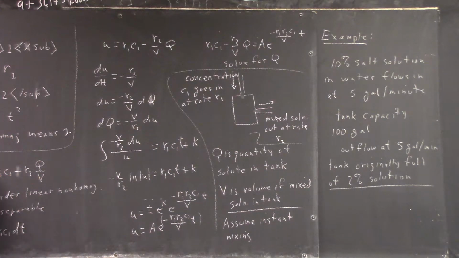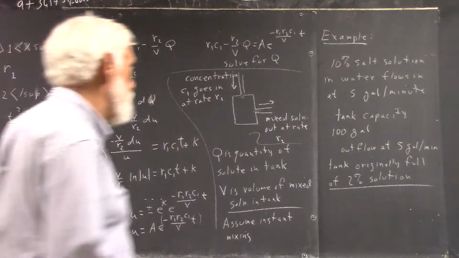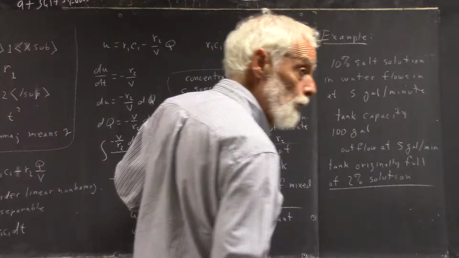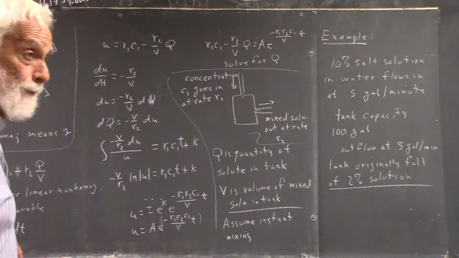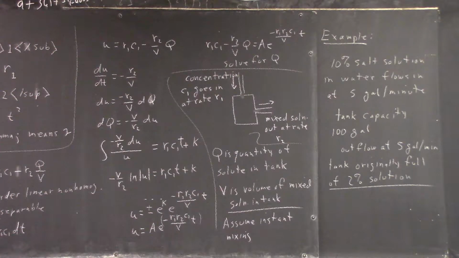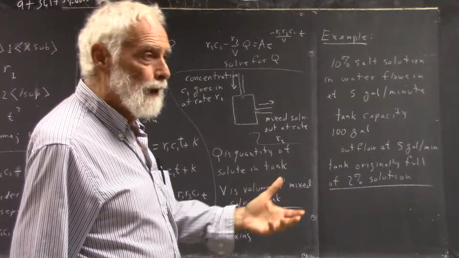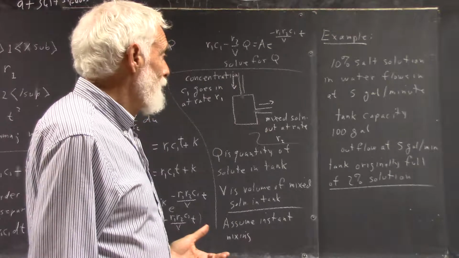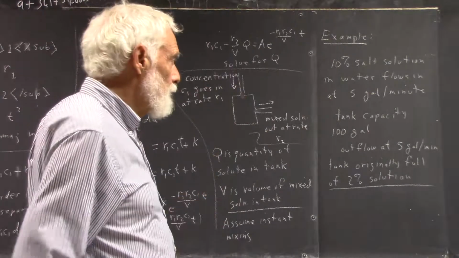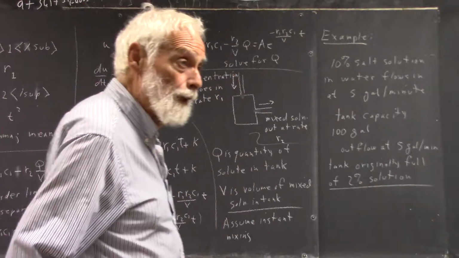Now, what we're modeling is Q. Well, I said Q is the quantity of solute in the tank. So, if 10% solution is flowing in at 5 gallons per minute, then we're going to oversimplify it and say we measure the salt in gallons.